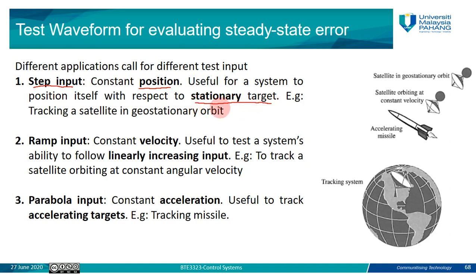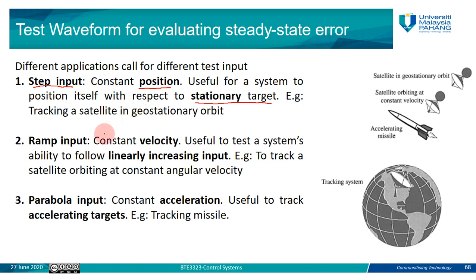For example, tracking a satellite in a geostationary orbit. Even though this satellite is moving, its location is measured with respect to a fixed place, the stationary base station on the ground. So in this case, it's better to use the step input function to test this system.